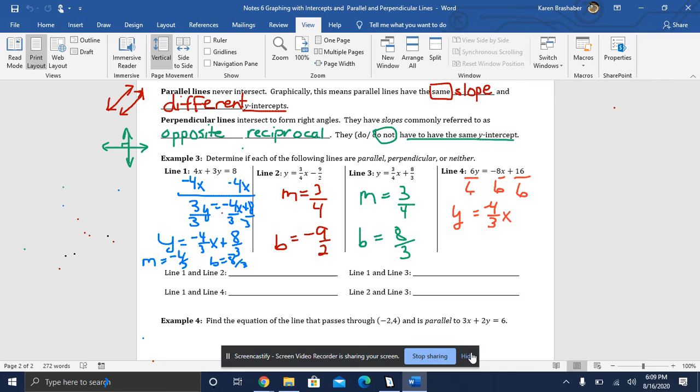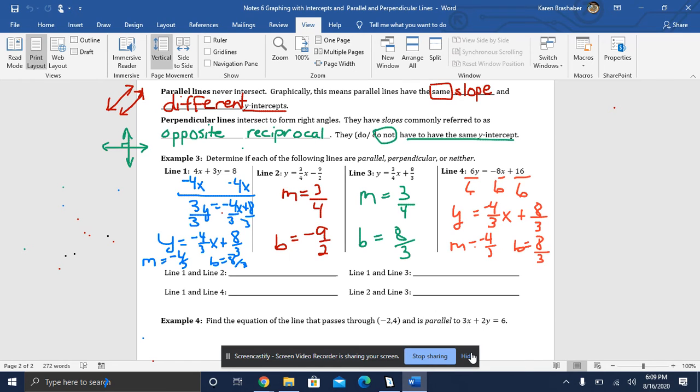So negative 4/3 x plus, we can do the same thing with the 16/6. 16 divided by 2 gives me 8, and 6 divided by 2 gives me 3. So my slope m is negative 4/3 and b is 8/3.